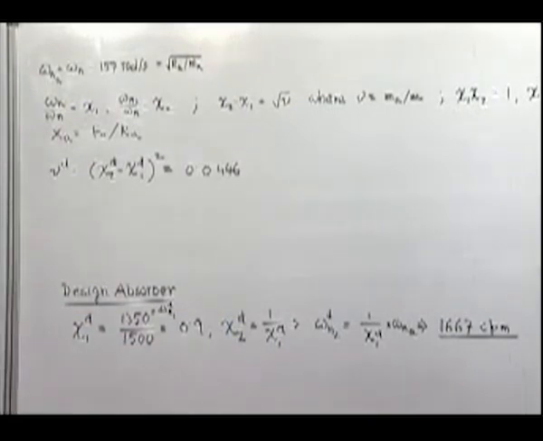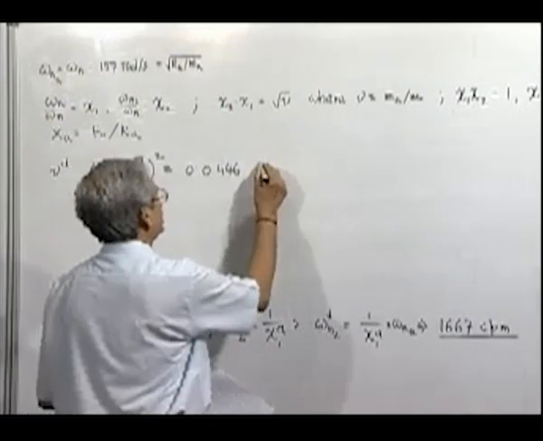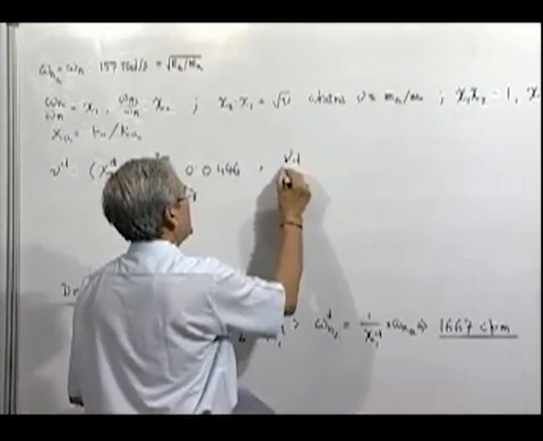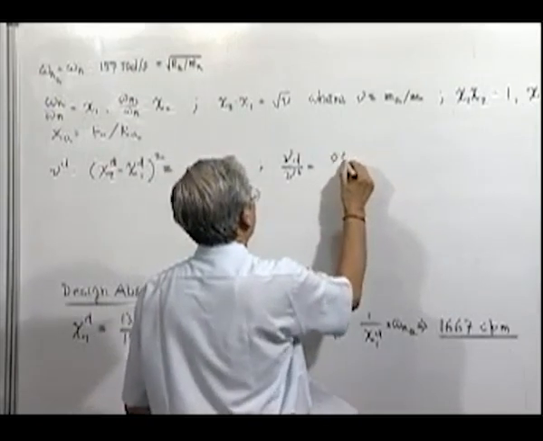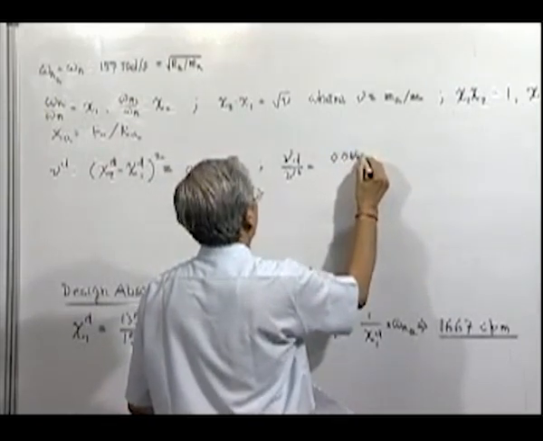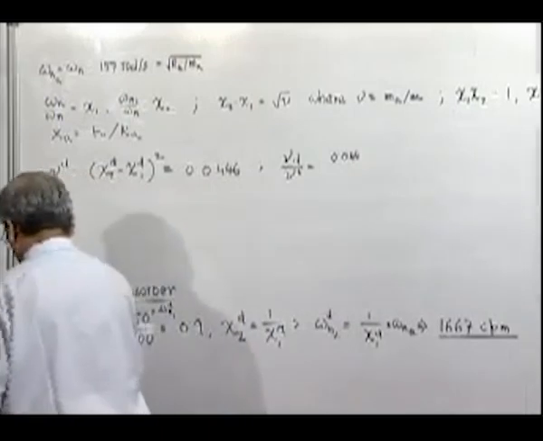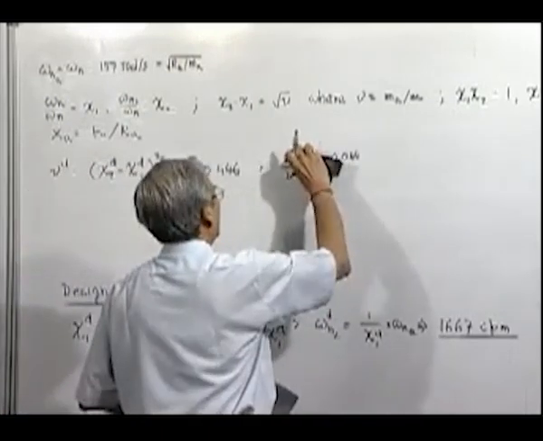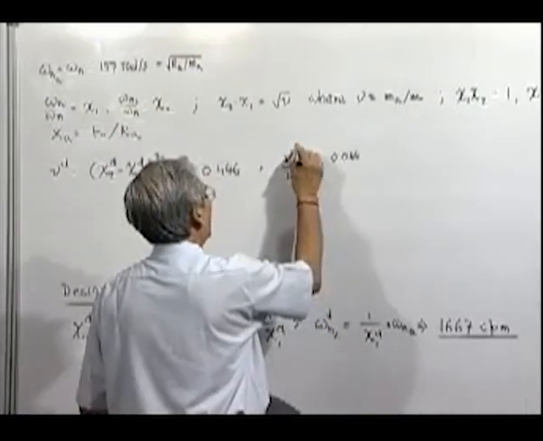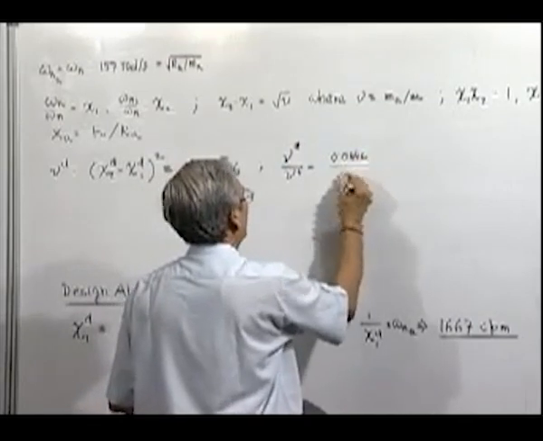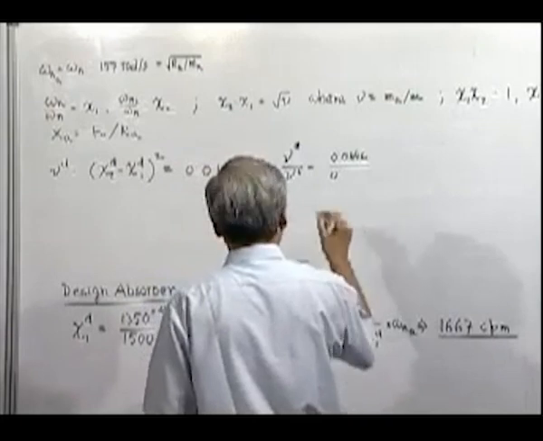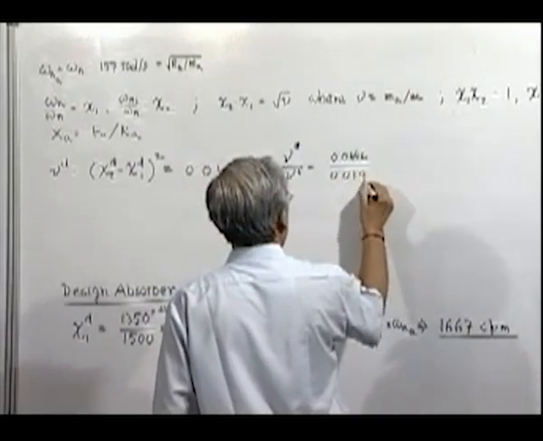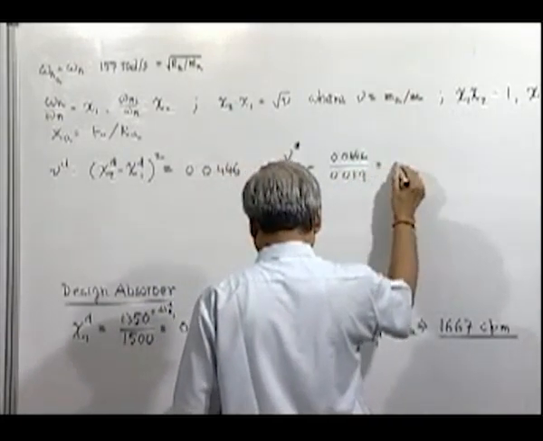So, we can easily find out this is equal to this, and the design value of nu by the trial value of nu becomes, the trial value of nu was, which is equal to 2.347.